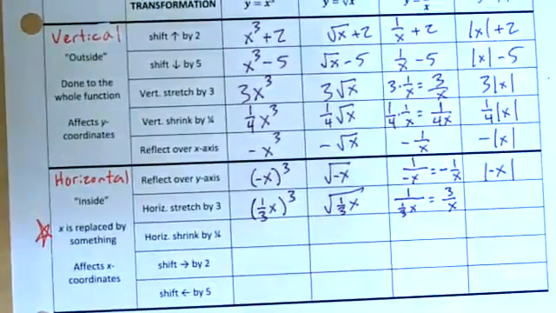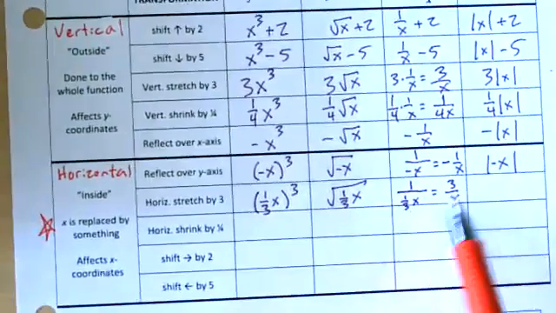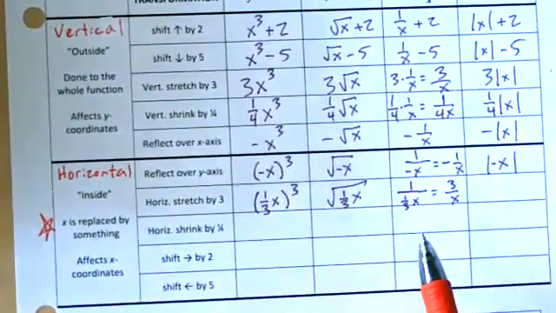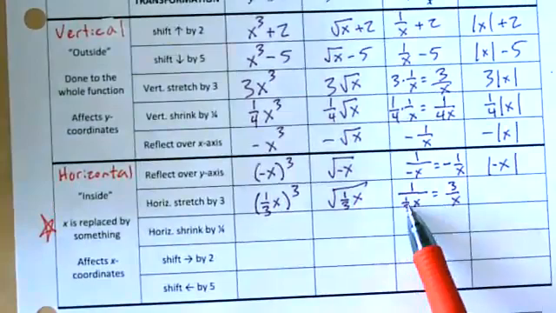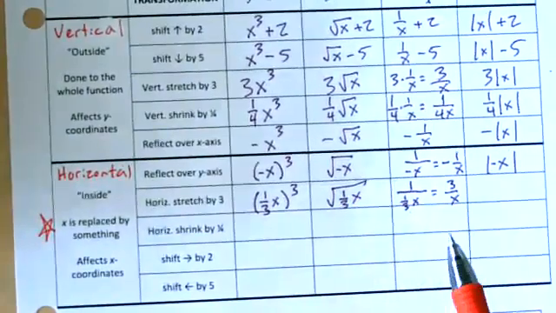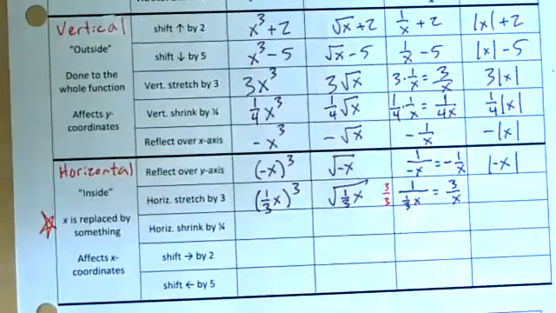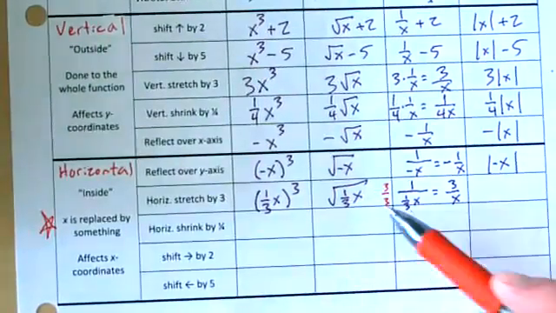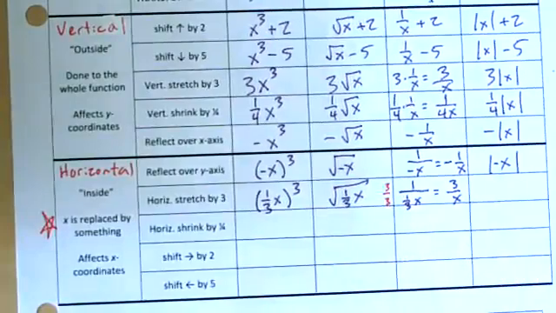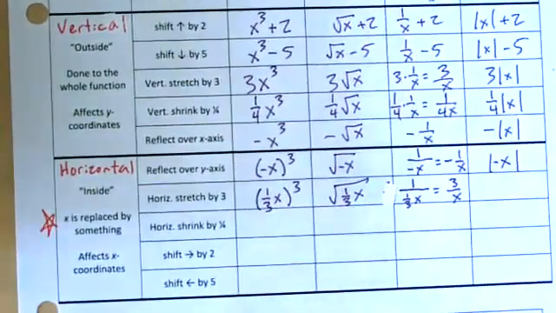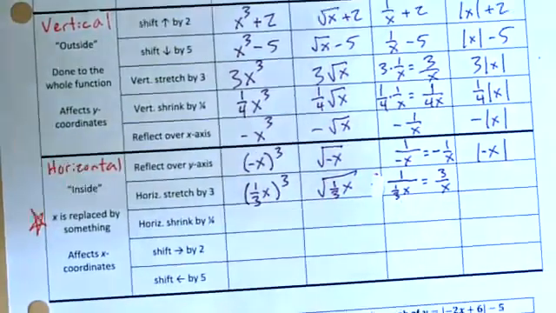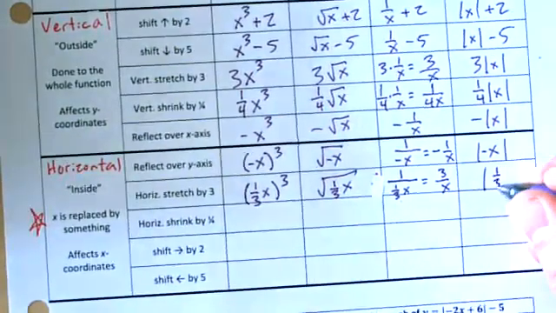Were you guys comfortable going from 1 over 1/3 x to 3 over x? Dividing by the reciprocal is the same thing as multiplying. Or you could think of multiplying by a fancy version of 1, 3 over 3. That would cancel out the 1/3 down here and we get a 3 on the top, right? Cool. And then, absolute value function, pull out the x, replace it with 1/3 x.